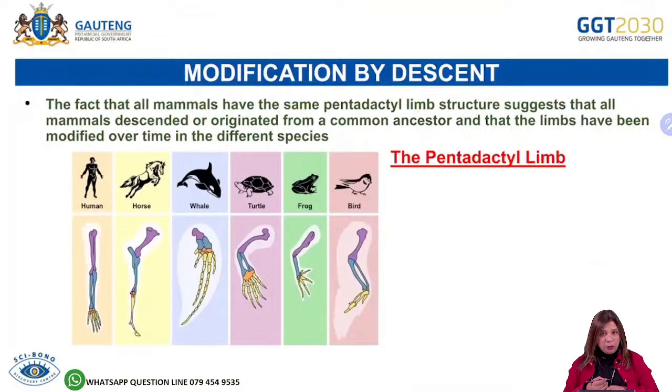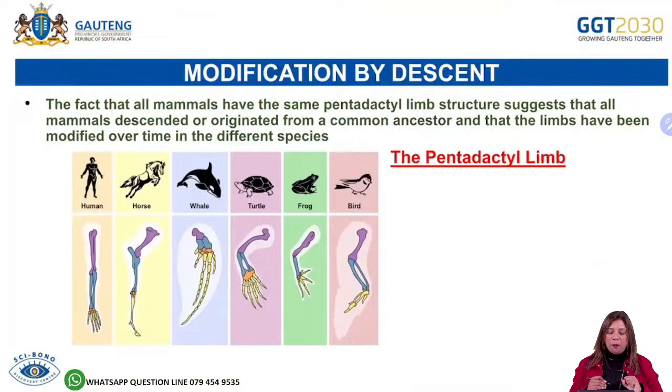So we're continuing with modification by descent, but now we're focusing on the 5 digits. We call this sort of arrangement a pentadactyl limb. Those learners that are doing maths and maths lit, you know, pent is 5. We can't say 5 fingers, we refer to them as 5 digits. Let's read what they have to say.